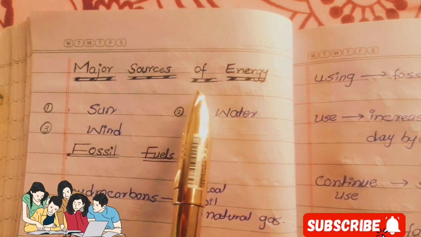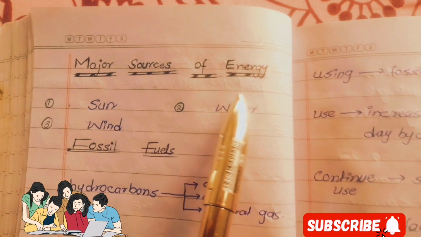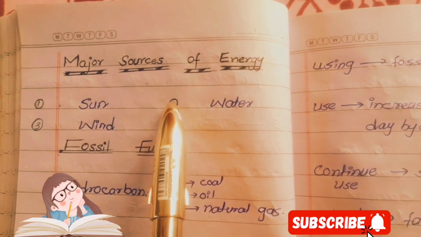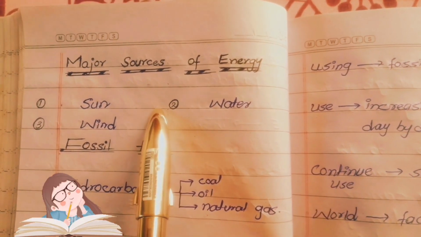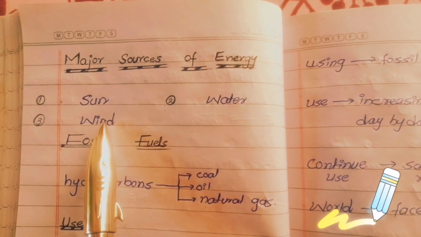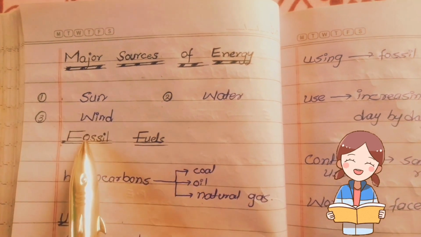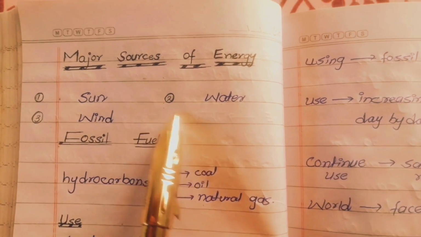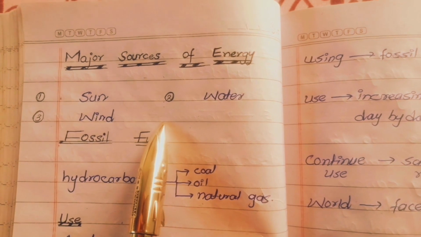Major sources of energy. There are three natural major sources of energy: sun, water, and wind. Fossil fuels. What are the fossil fuels?